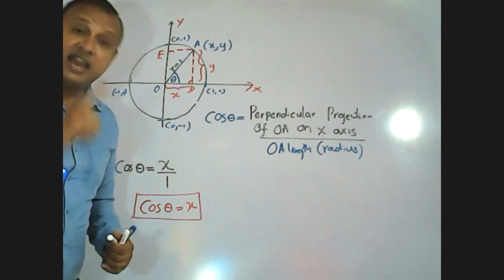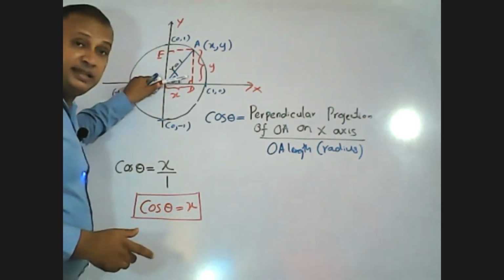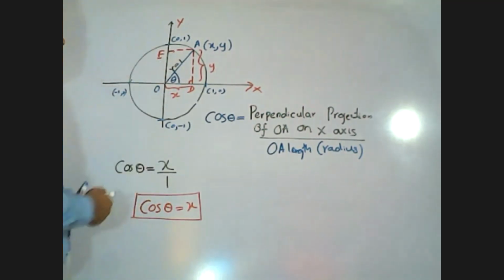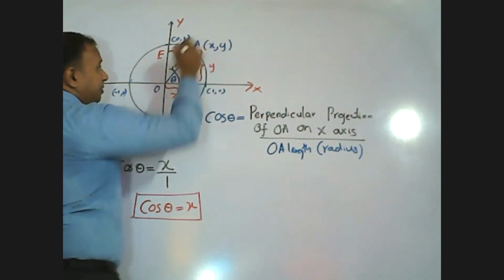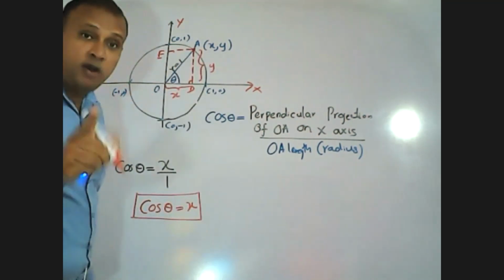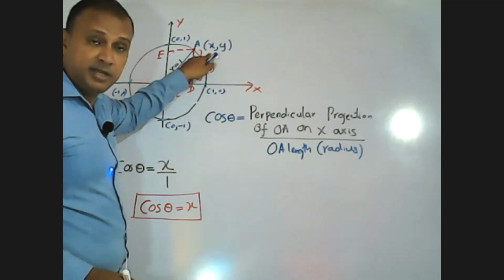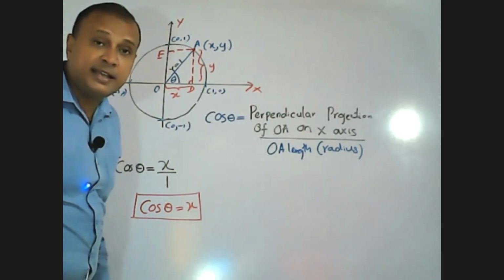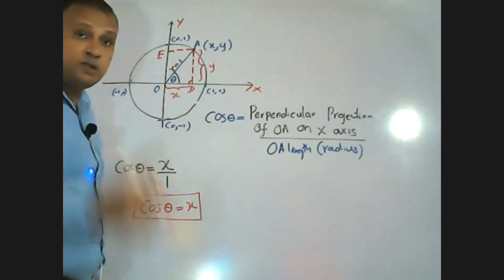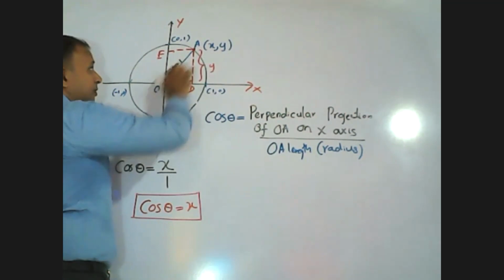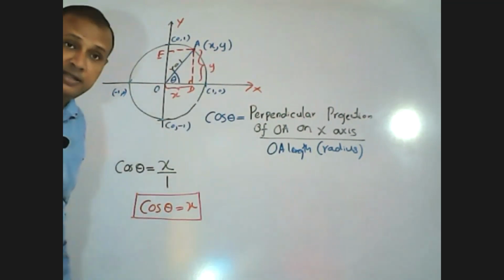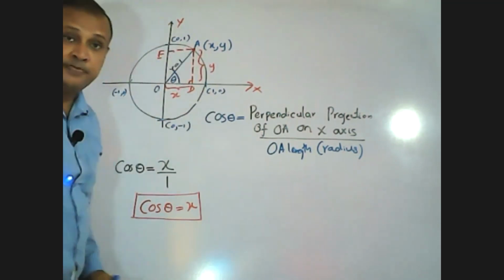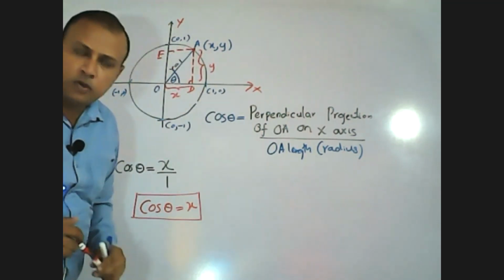That means if I rotate this line segment by theta angle and come to this point, the x coordinate of this point represents the cos value of that particular angle, and the y coordinate of that point represents the sine value of that particular angle. Do you understand this one?